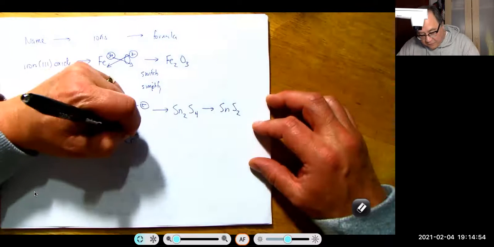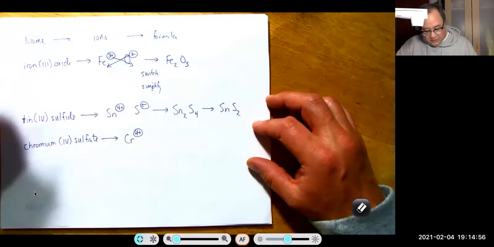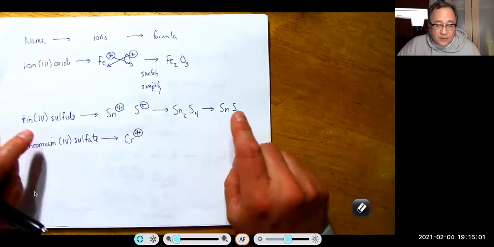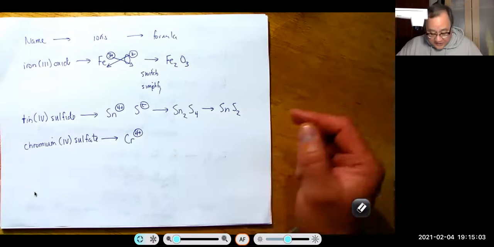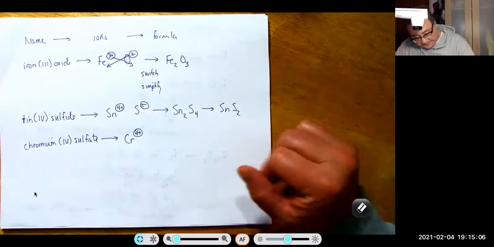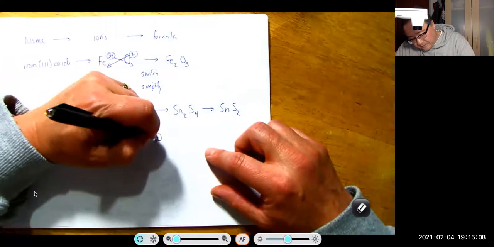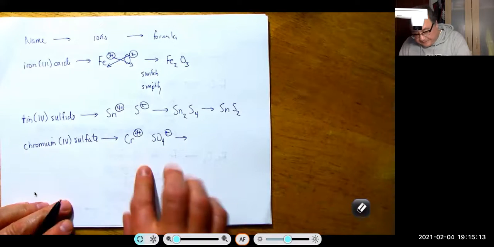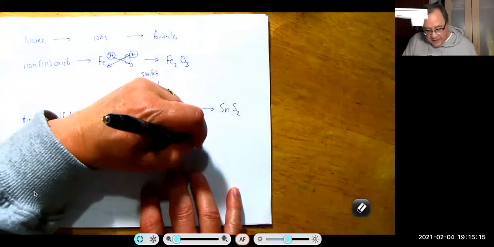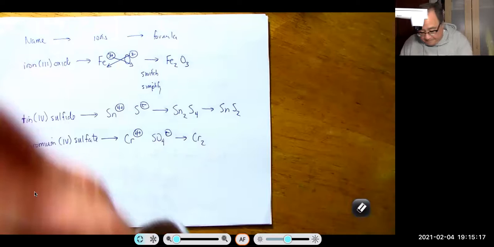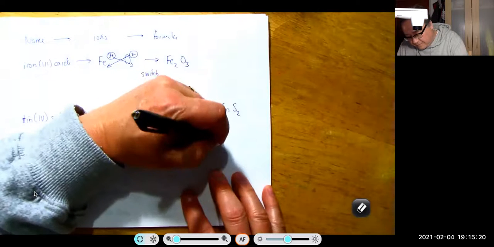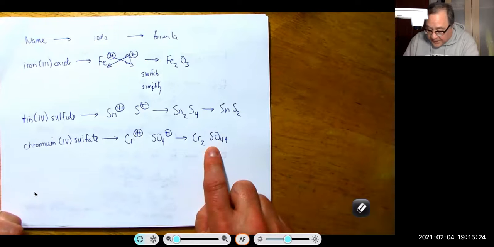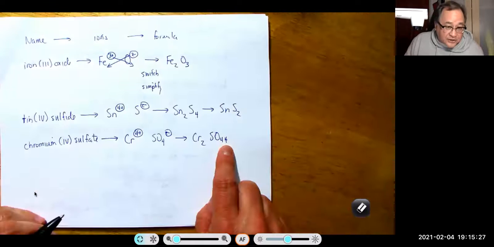Okay, so I have a 4+, and if I ask you to get the name of something or get the formula of something, show your work, this is the kind of stuff I'm asking you to do. So this is what you get. Now sulfate, we need 4 of them. This is wrong because this actually says you have 44 oxygens.